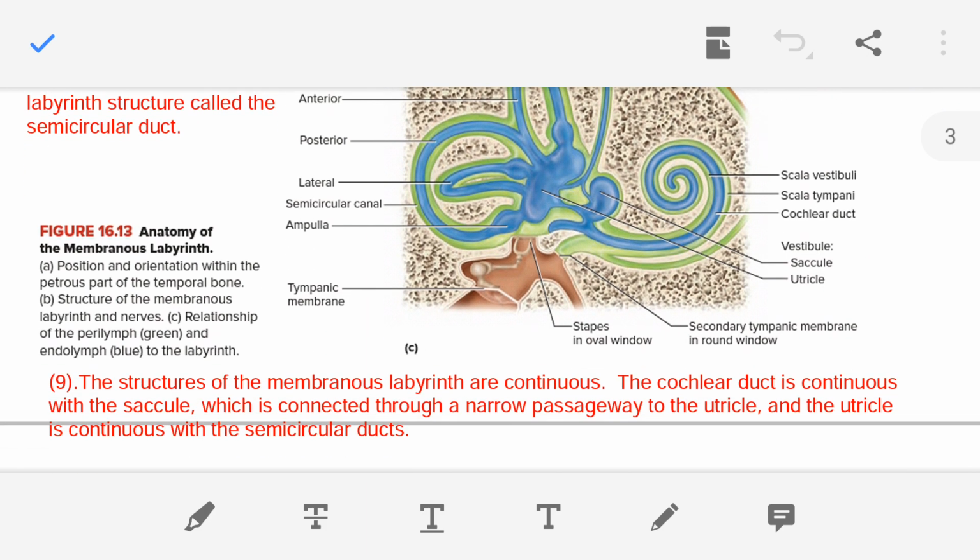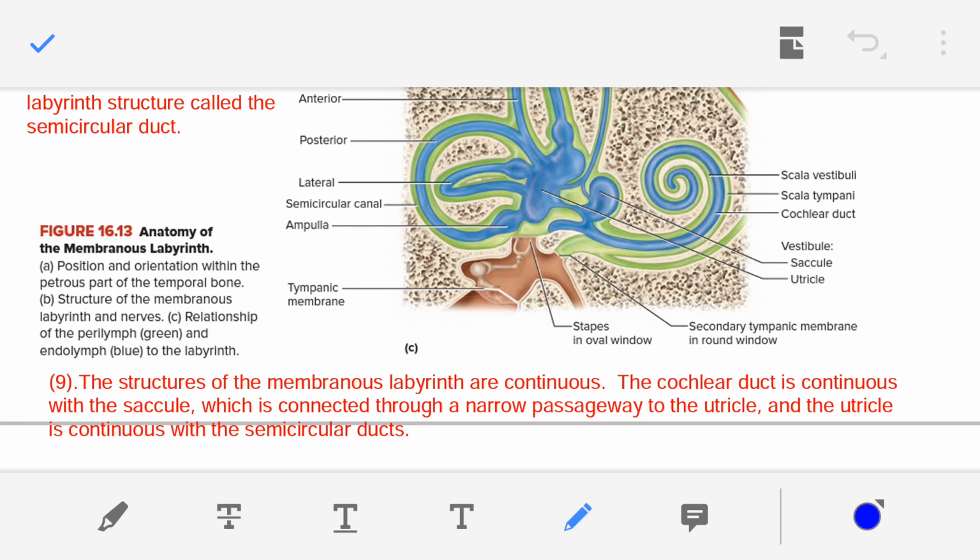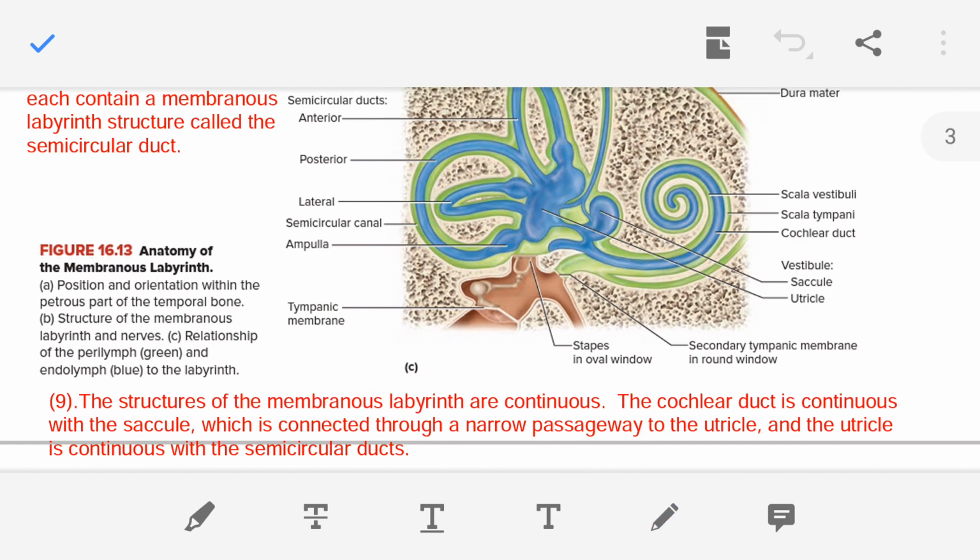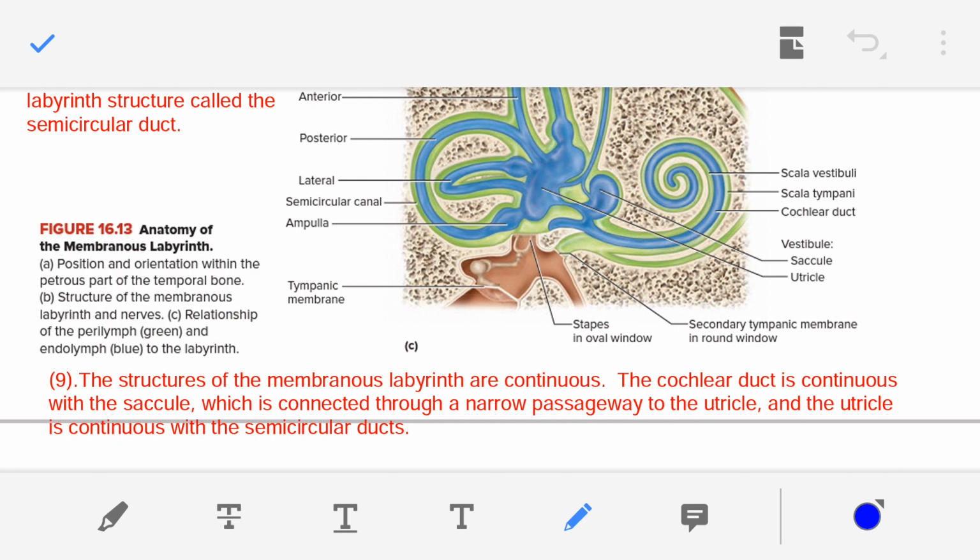Okay, now the structures of the membranous labyrinth are continuous. They are connected with each other. For example, the cochlear duct is continuous with the saccule.